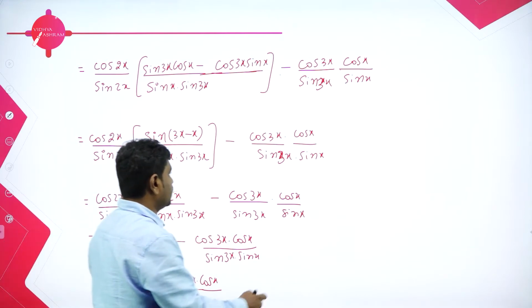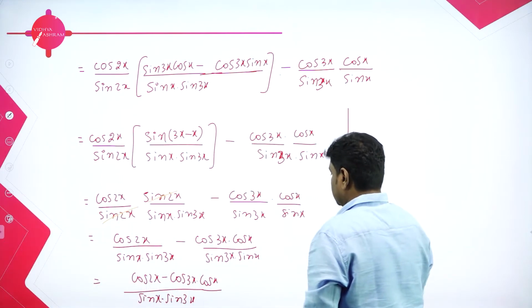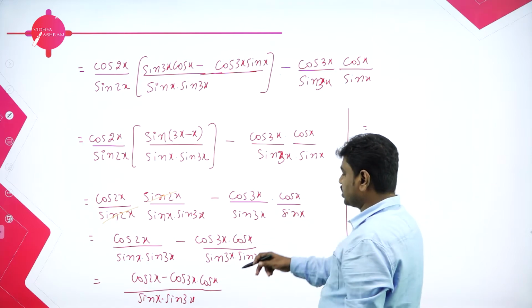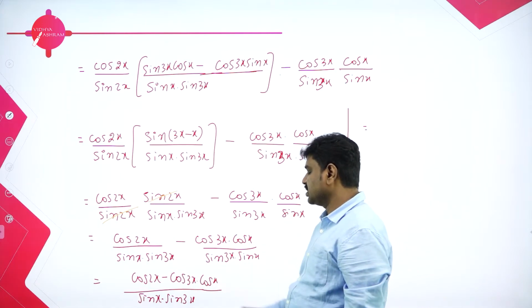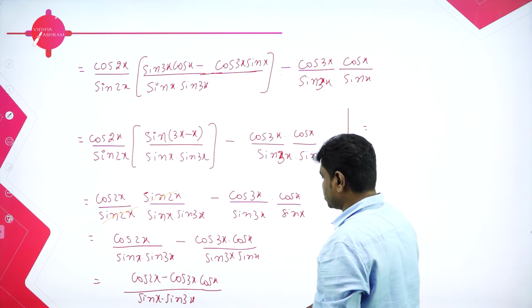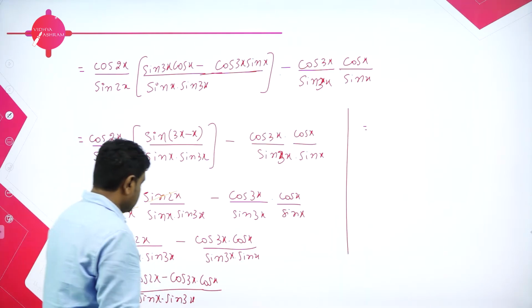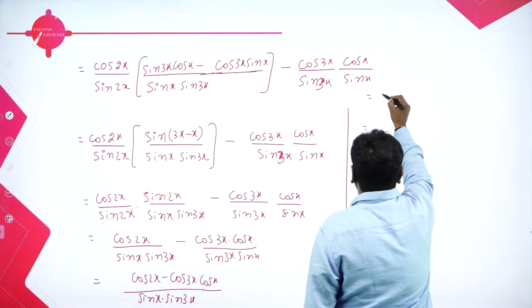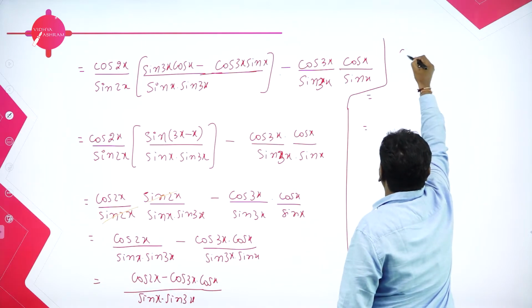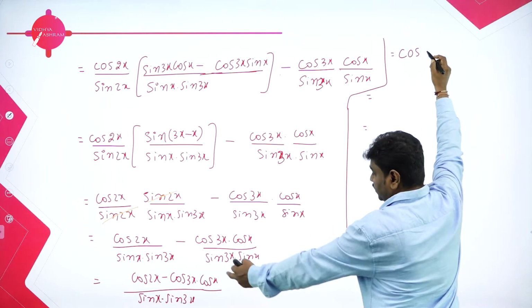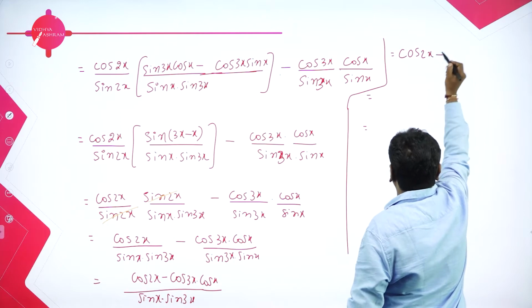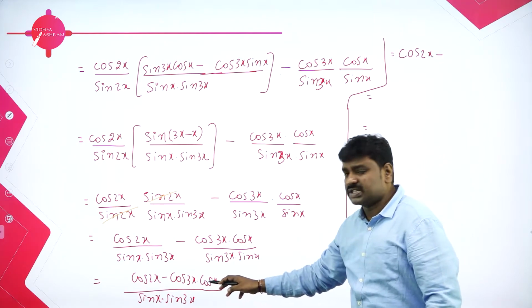So observe, cos 2x can be rewritten. Now you can simplify these two terms. Cos 2x can be written as 2 cos square x minus 1. Let cos 2x stay, minus this, which is in the form cos a cos b.